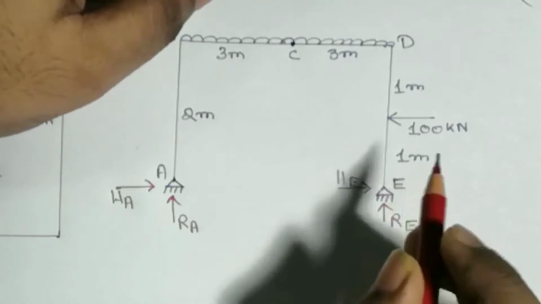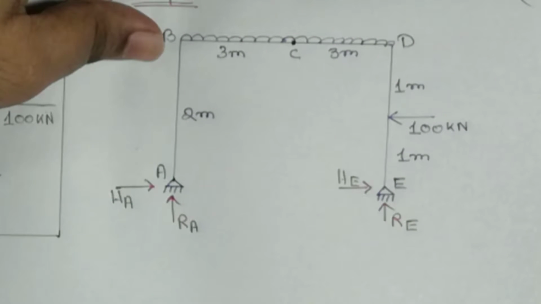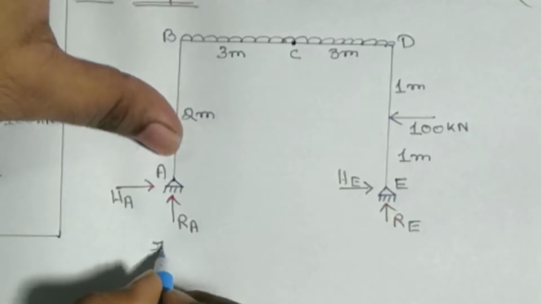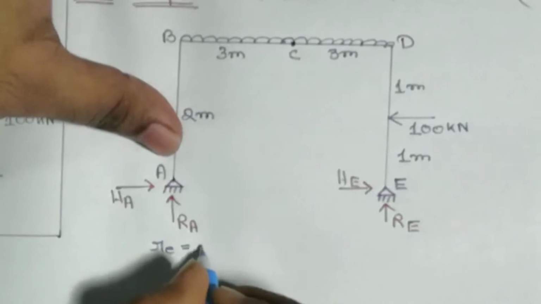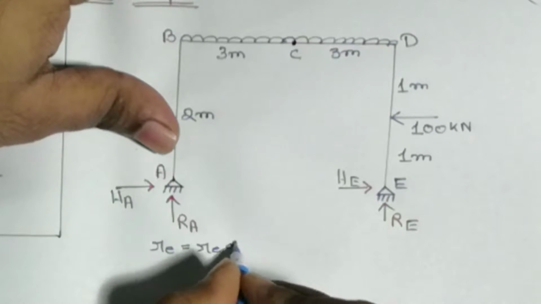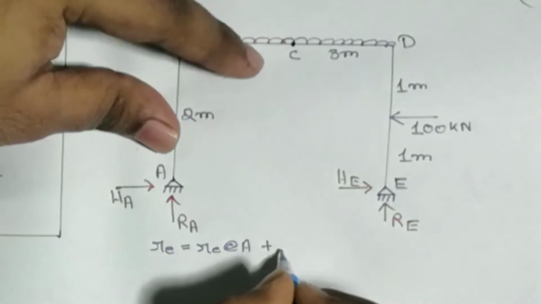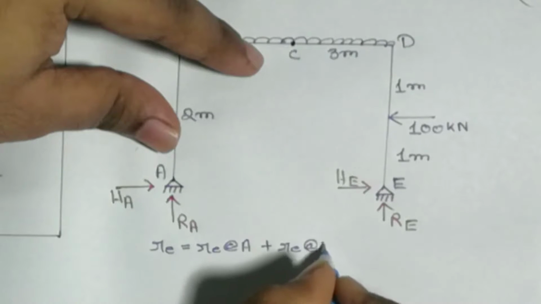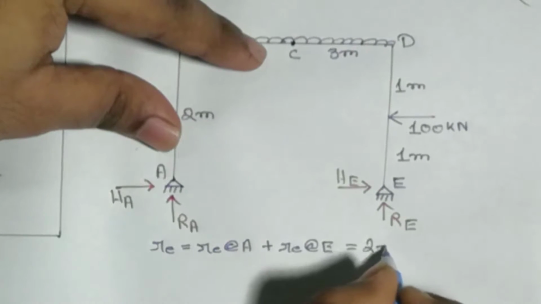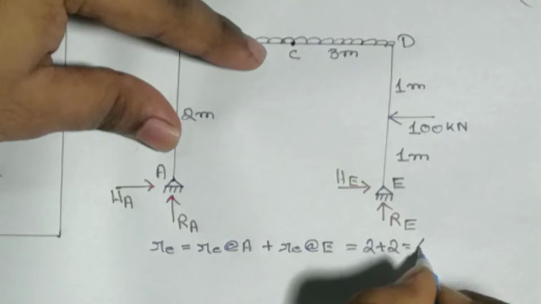This is assumed. So in this case, the total external reaction is the total external reaction at point A plus the total external reaction at point E. So it is 2 plus 2, it is 4.